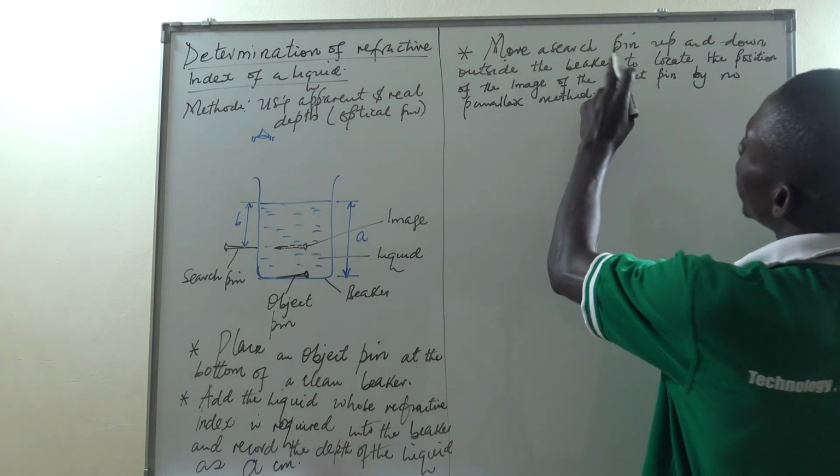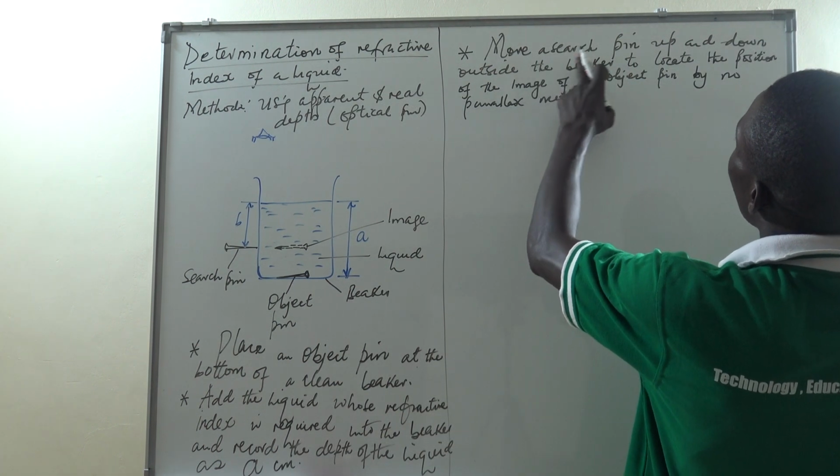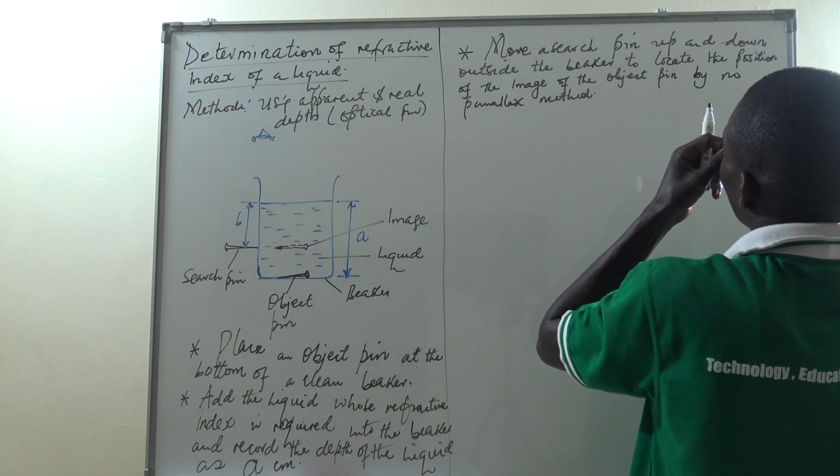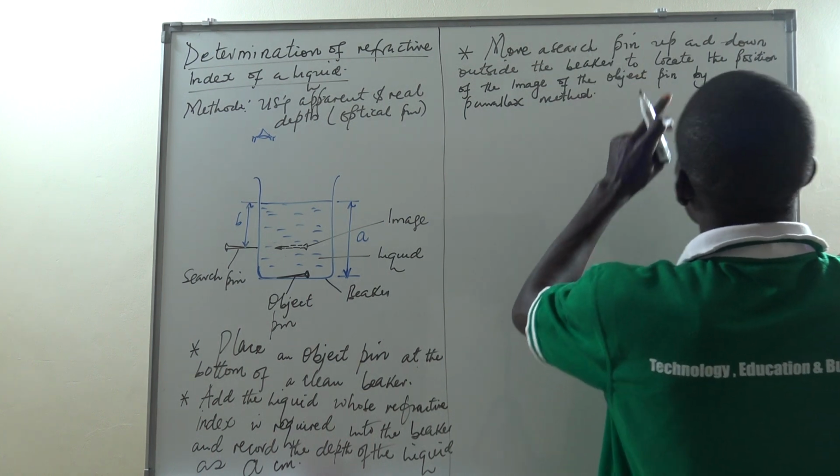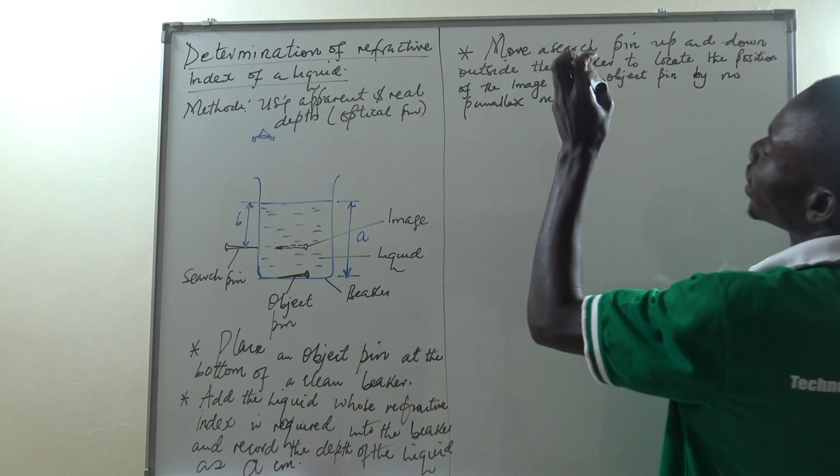And then to locate the position, move a search pin up and down outside the beaker to locate the position of the image of the object pin by no parallax method.